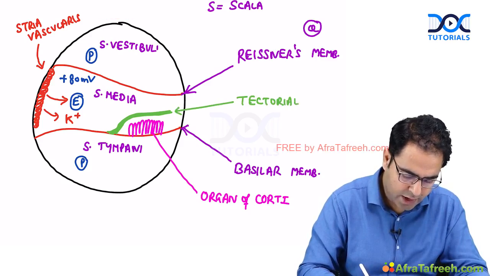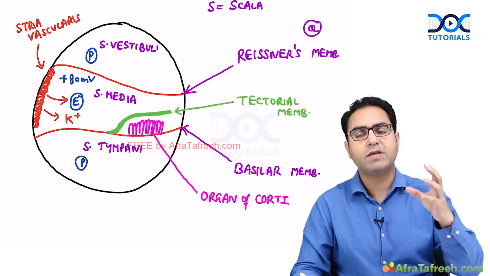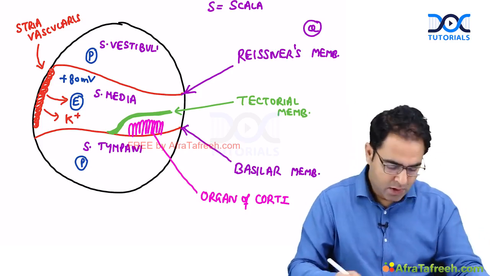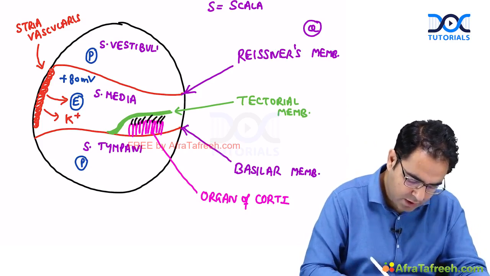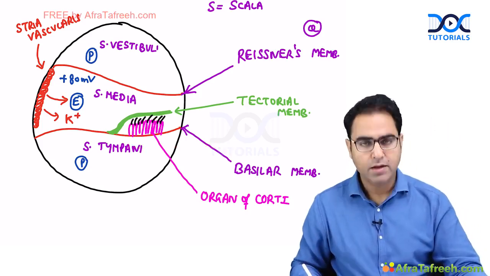The organ of Corti is covered by the tectorial membrane. Now, the organ of Corti has got hair cells. Draw hair over there. Hair cell. Okay, fine. Am I clear?